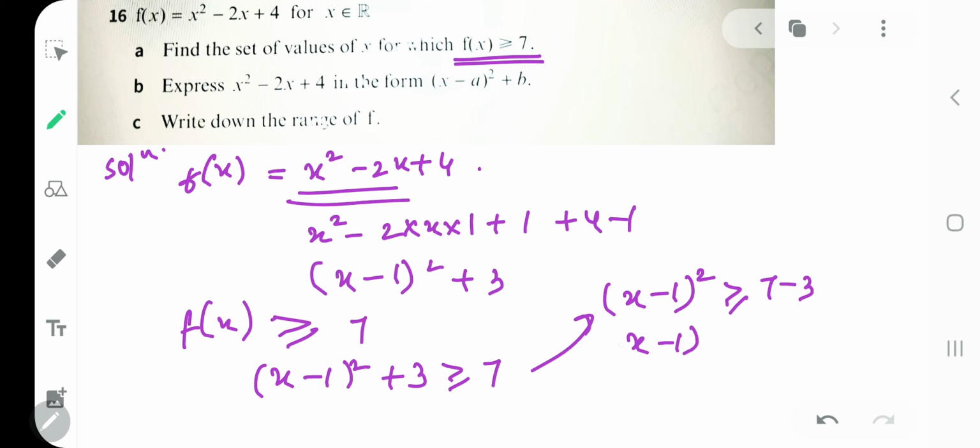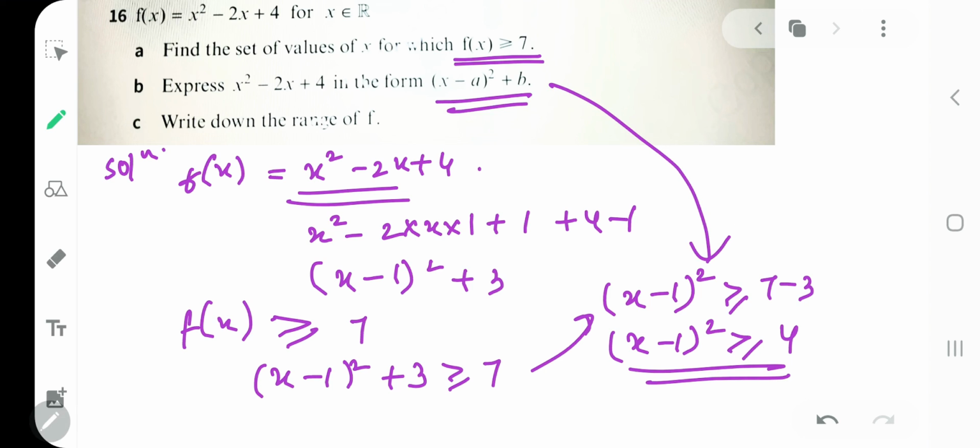Got my point clear? So you got this in this form. Then you have to find the range. For that we need to find the value of x first. So we'll solve this further.